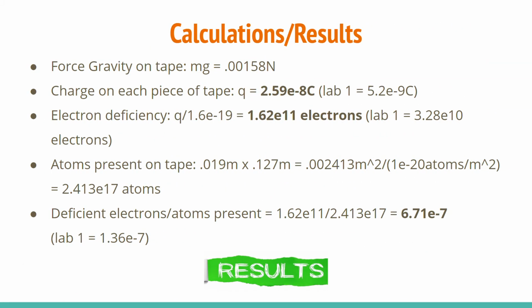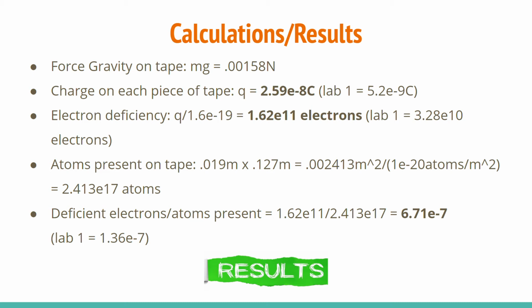So using this new charge on each piece of tape, our calculations and results for this lab greatly differ. We saw that the electron deficiency is about 1.62 times 10 to the 11th electrons, in comparison to Lab 1, where it was 3.28 times 10 to the 10th. So again, almost an order of magnitude difference.